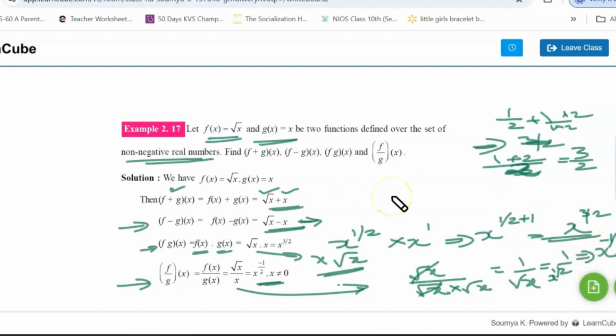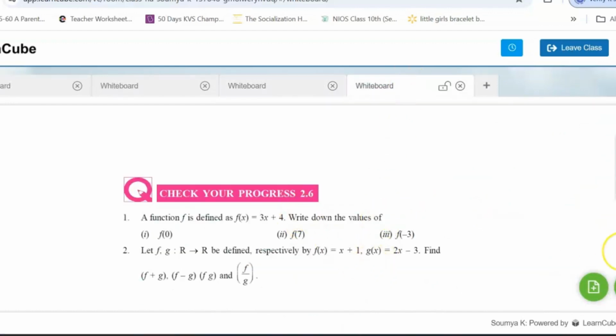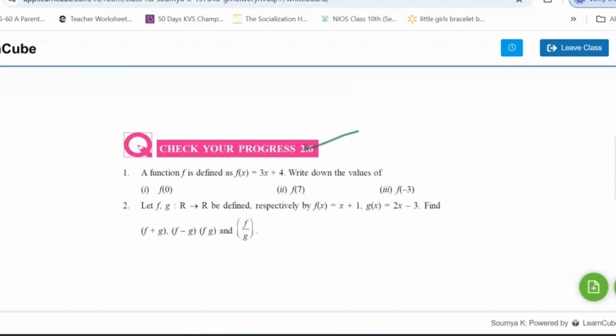Now let's check your progress question, that is 2.6. Check your progress 2.6. We have limited questions for this. Let's see the first one. A function is defined as f of x equals 3x plus 4. Write down the values of f of 0, f of 7, f of minus 3. This is very easy. Whatever value is given here, you have to substitute it.